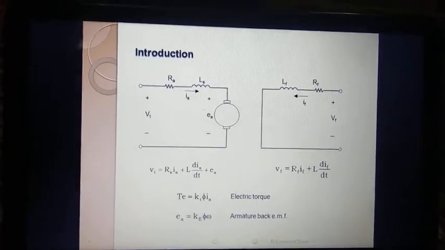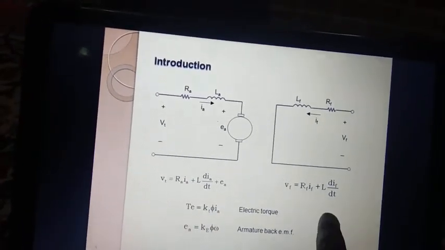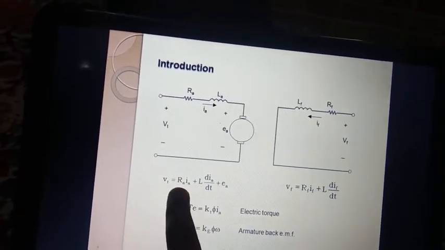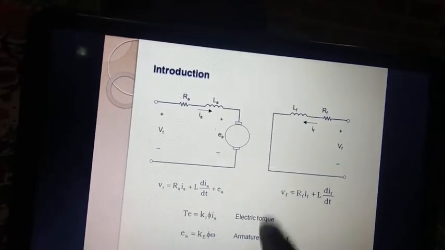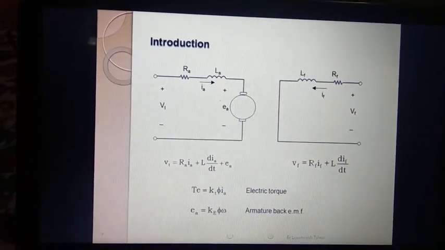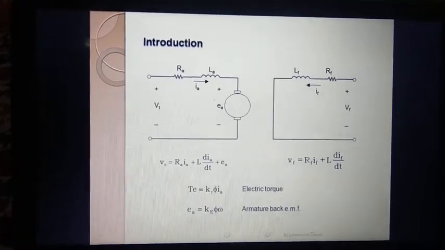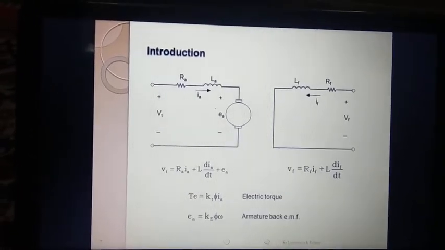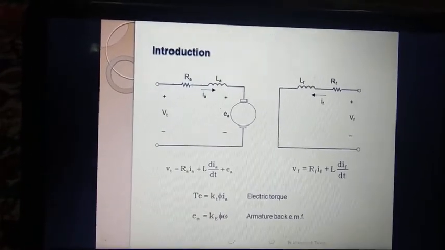Now here we are discussing two equations. In these equations, we apply Kirchhoff's law, according to which the sum of all voltage drops in a closed loop is equal to 0.